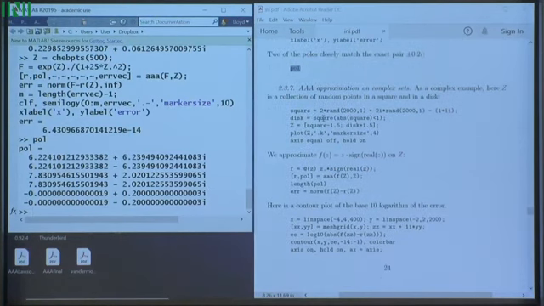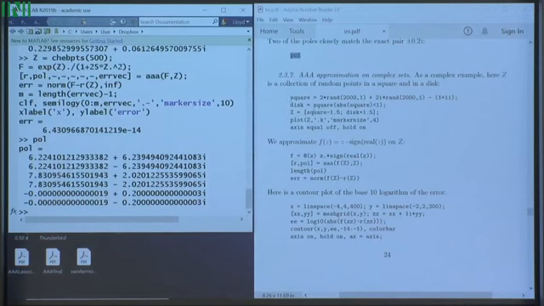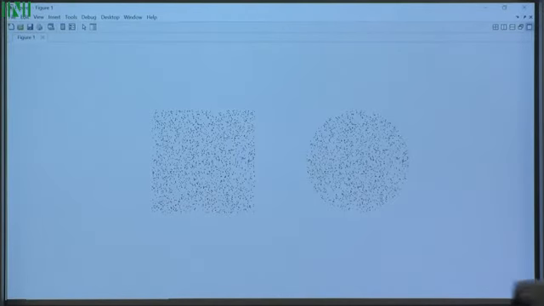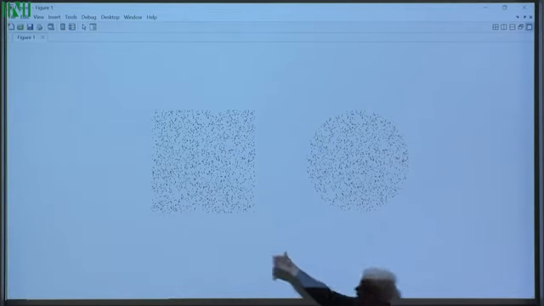But now let's look on a complex set. So I'm going to plot for you here a set which consists of 1,000 or so random points. This is the set. It has 2 pieces. There's a bunch of points in a square and a bunch of points in a disk.